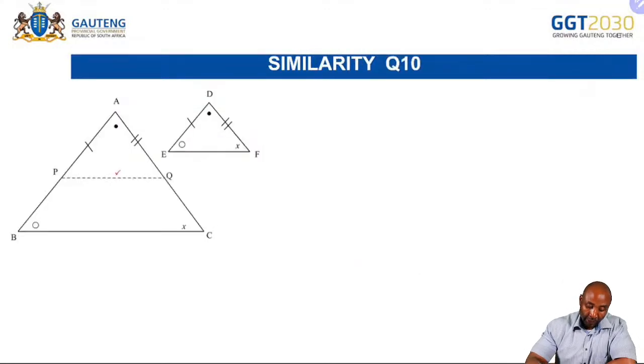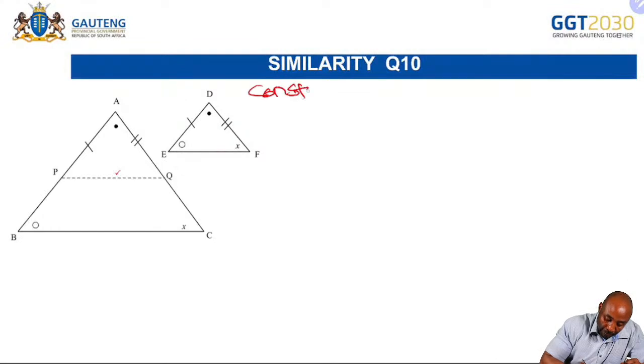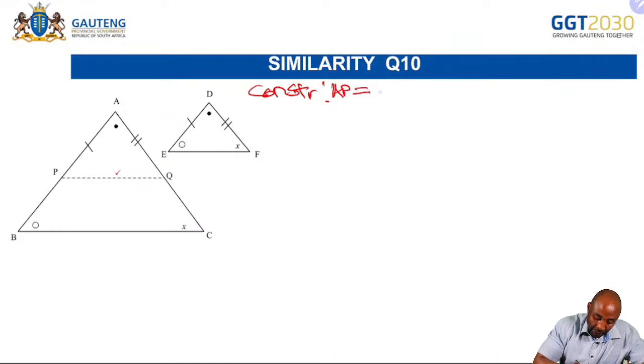We start by doing the construction. We construct AP, and our AP should be equal to DE. We also construct AQ, which is equal to DF, and then we join PQ.